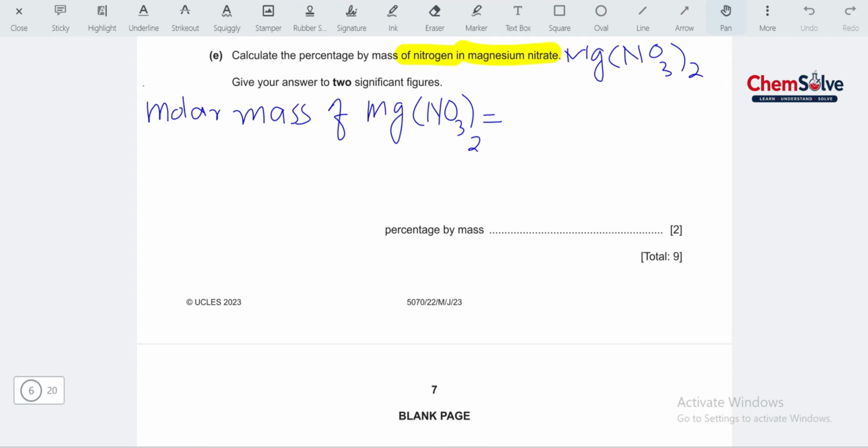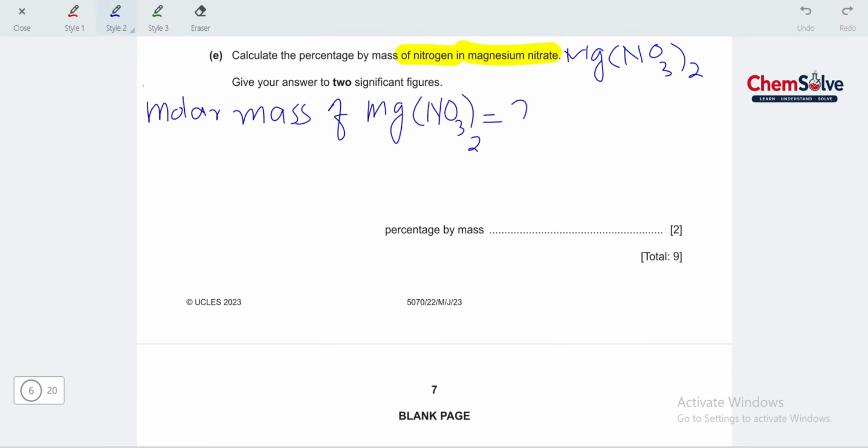Okay, so for magnesium it is 24, for nitrogen it is 14, but we have 2 nitrogen here, so I will multiply this 14 by 2. For oxygen it is 16, but we have 6 oxygen here, so I will multiply 16 by 6. 24 plus 28 plus 96.